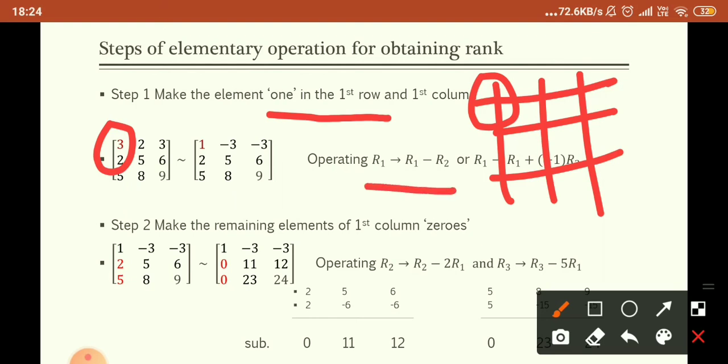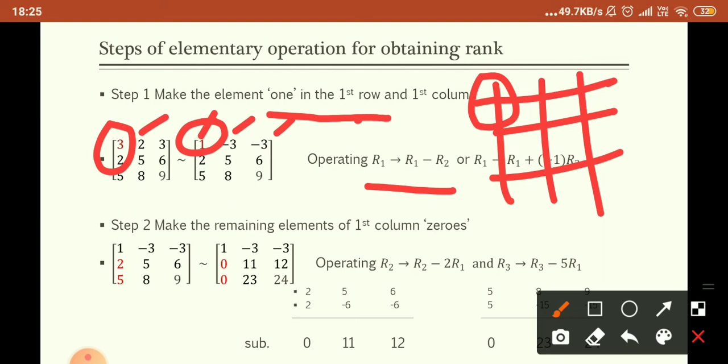So what has been done: row 1 minus row 2 to get the element 1. When you subtract one row from the other row, you have to subtract each element. Like here 3 minus 2 is 1, then 2 minus 5 is minus 3, 3 minus 6 is minus 3. So a new row is obtained where the first element is 1, what we need.